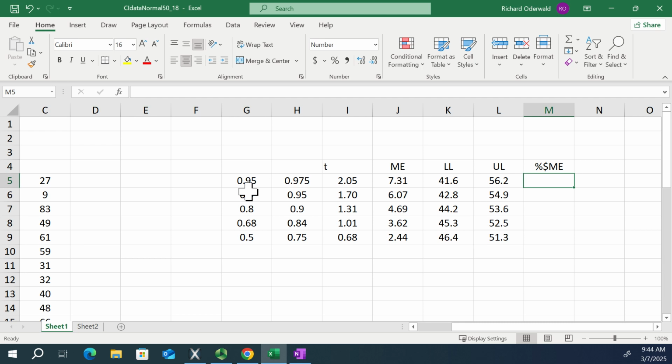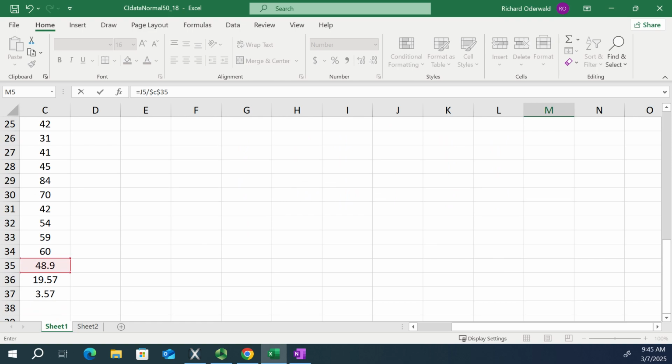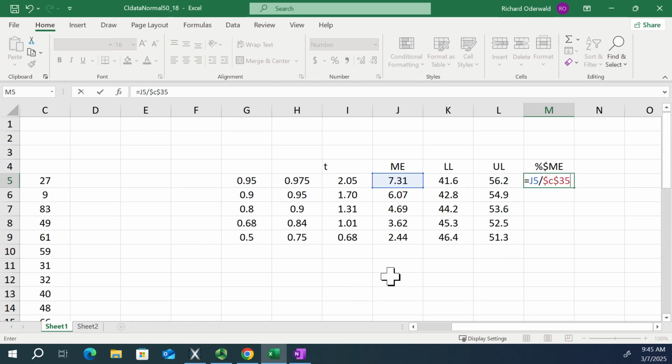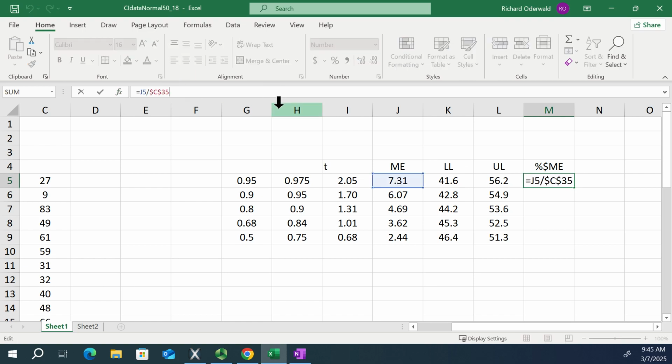So, this equals margin of error divided by, and I believe that was in C35. And I've locked the cell reference so I can copy it around. C35, I got it right? Oh, and I want to multiply it times 100. That's always in a percent.